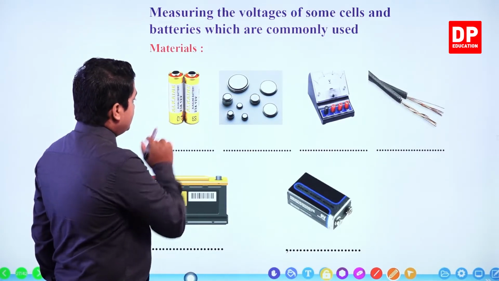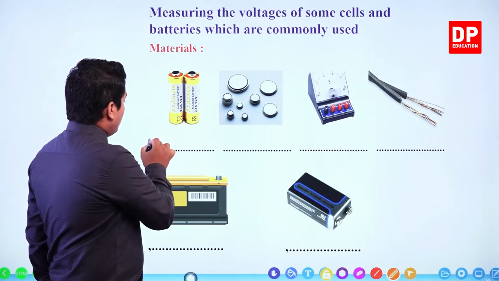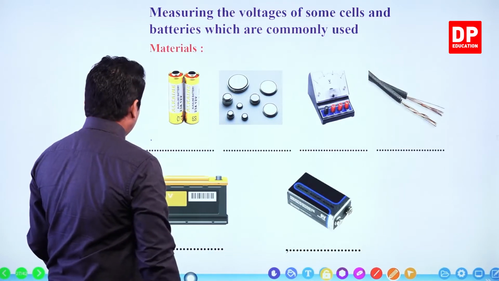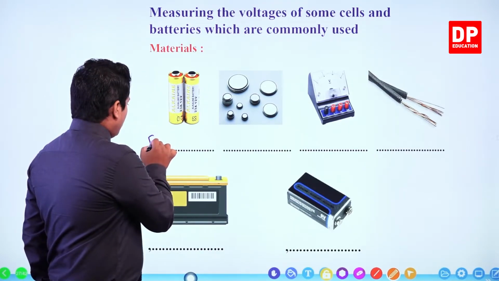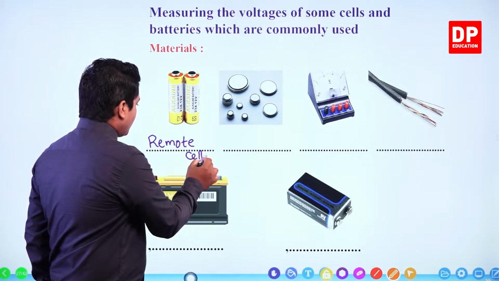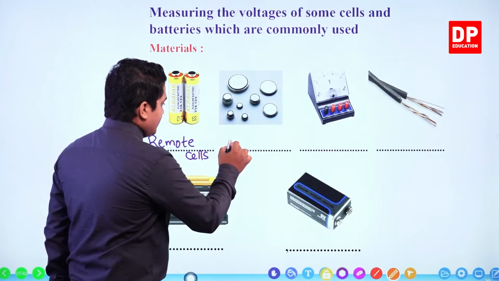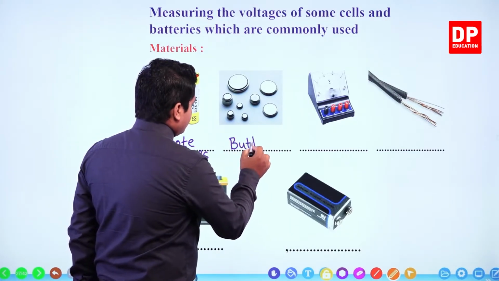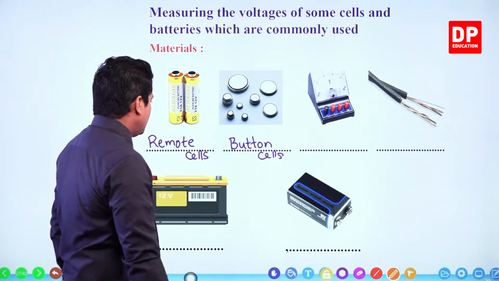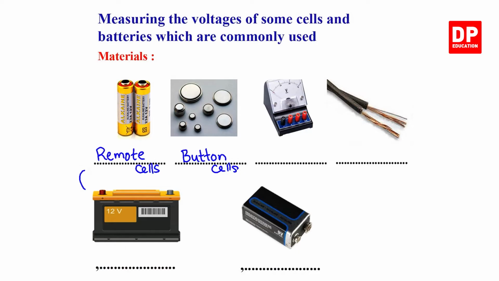Here this dry cell is remote cells, right? Then button cells. For remote cells, we mention this one as AAA sized dry cells.